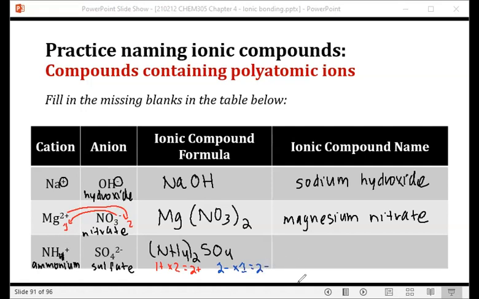So they add up to 0. And then to write the name for this compound, you name the cation ammonium, and then you name the anion polyatomic ion sulfate.